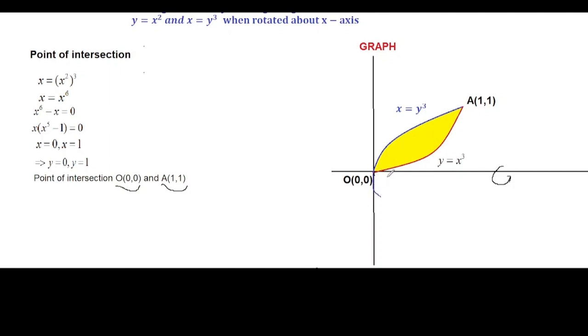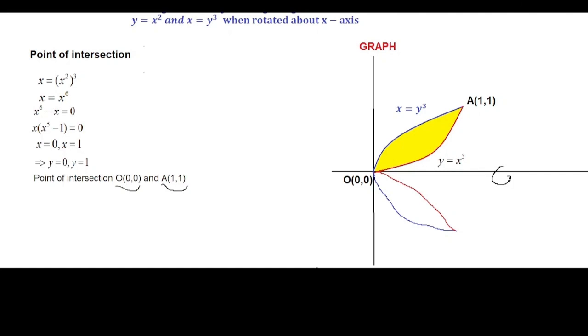So here you can take the graph like this. And similarly, when the curve y is equal to x square is rotated about the x-axis, again a mirror image of the graph is going to be formed.